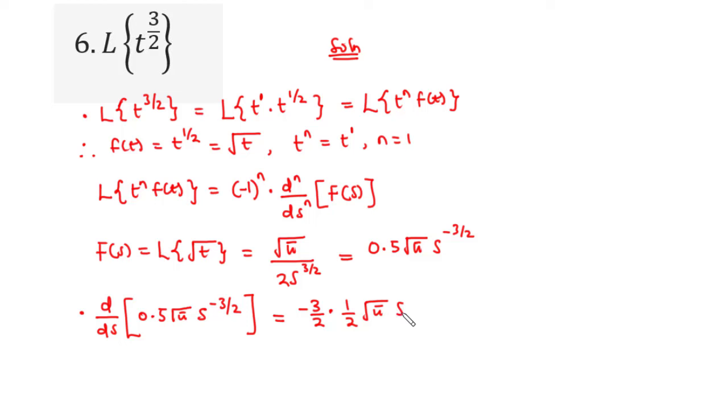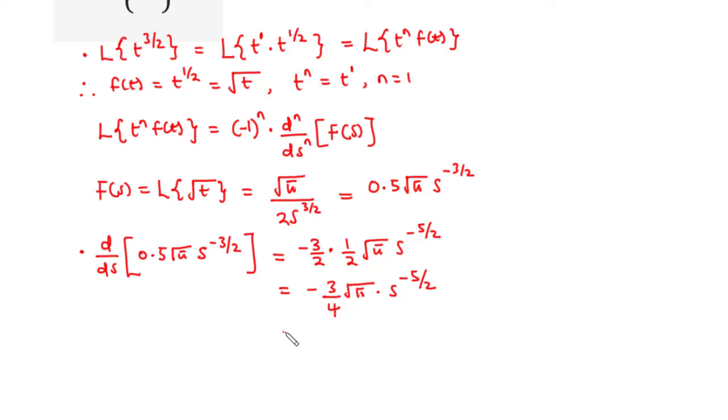And then we still have s exponent. We are going to reduce the exponent by 1. So -3 over 2, which is -1.5, minus 1 is -2.5, which is -5 over 2. Therefore, this becomes -3 over 4 times the square root of pi times s to the power -5 over 2.